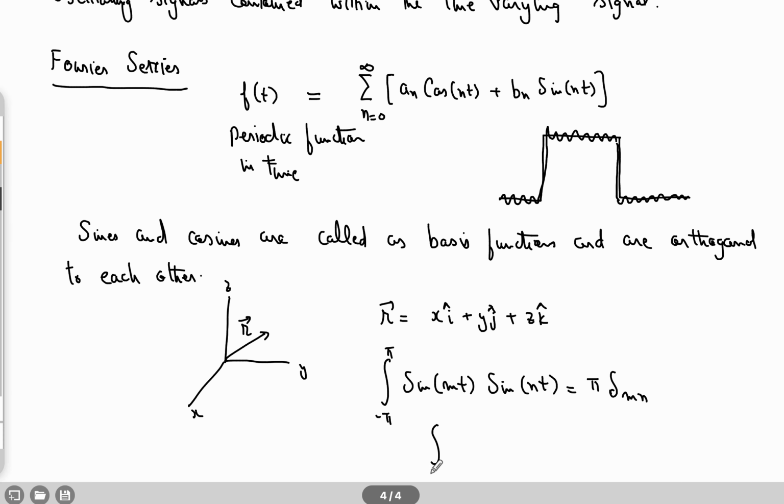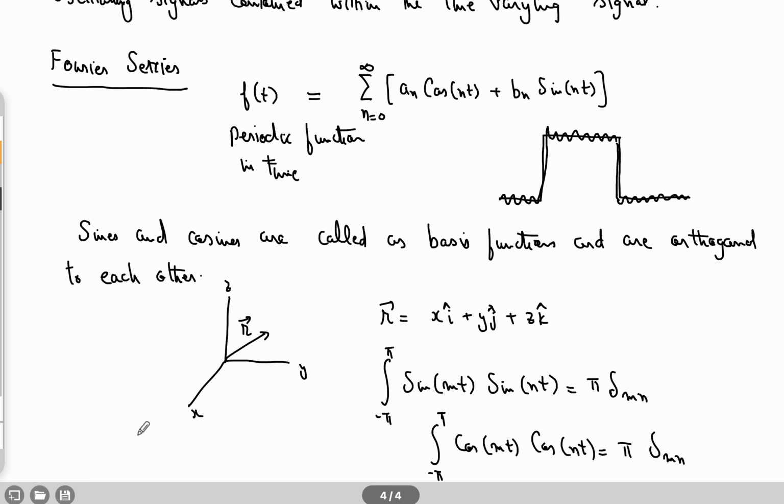So let me write the integral from minus pi to pi of cos(mt) cos(nt) dt, which is equal to pi delta mn.